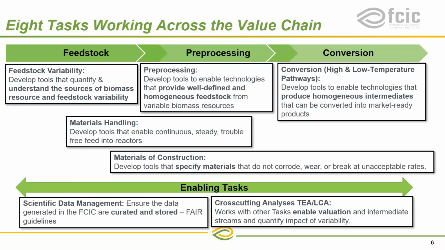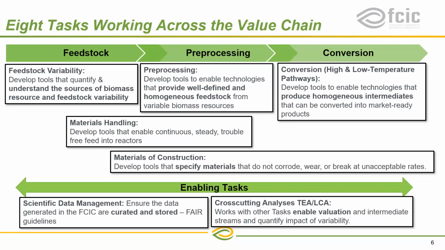Essentially, what Mother Nature gives us, but also what gets brought in during harvest and storage. Farther down the value chain, we have the preprocessing task, which is developing tools to take those heterogeneous biomass resources and turn them into more homogeneous feedstocks for the conversion tasks.